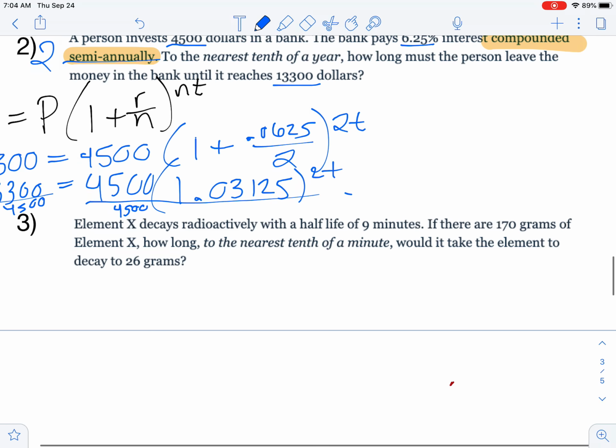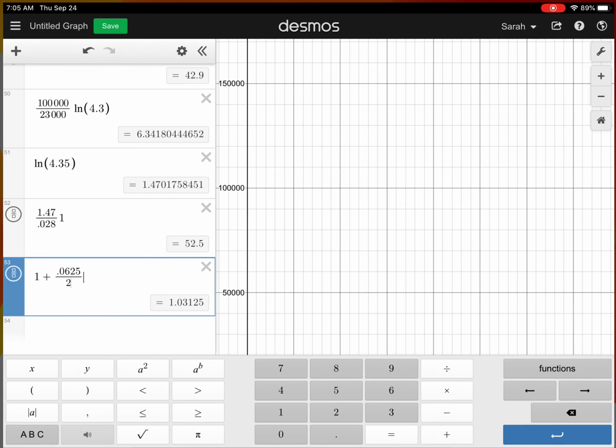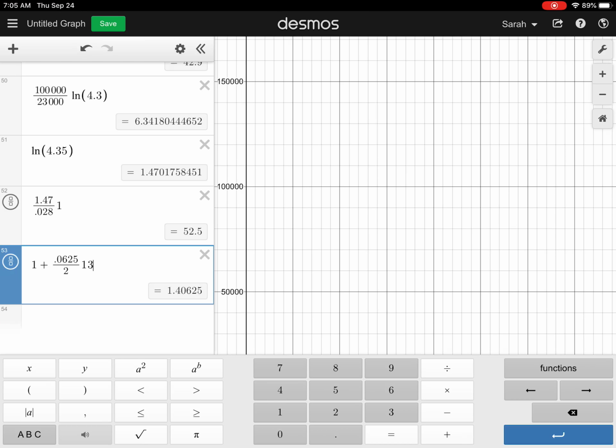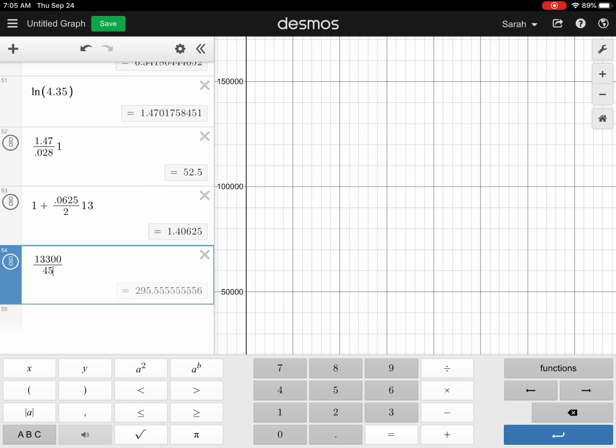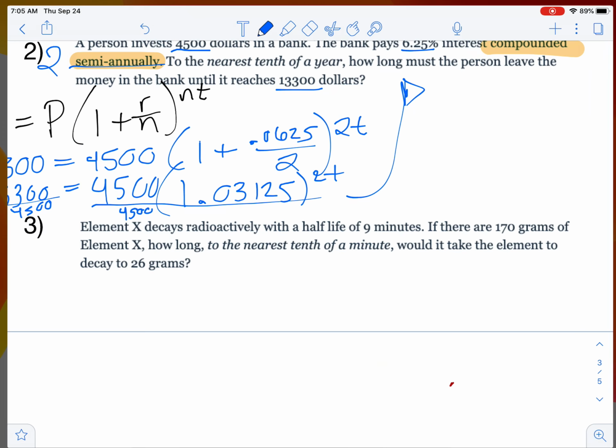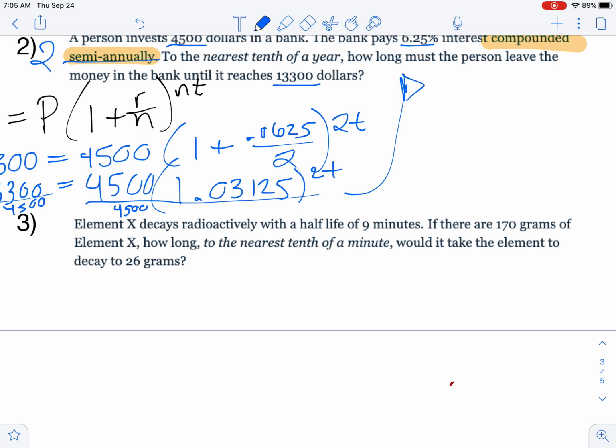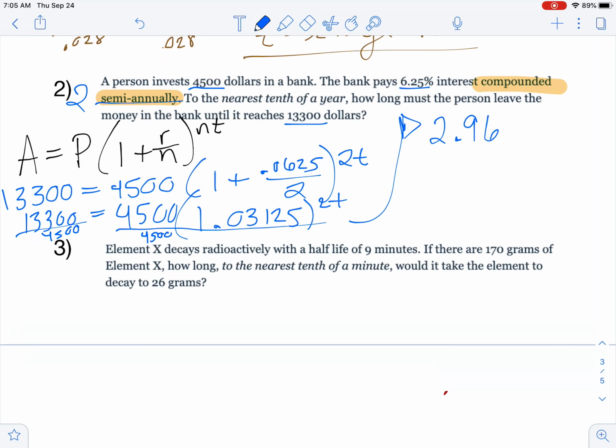Okay, and then I'm going to get my next step. Good. Okay. 2.95. We'll go with 2.956, or 2.96.